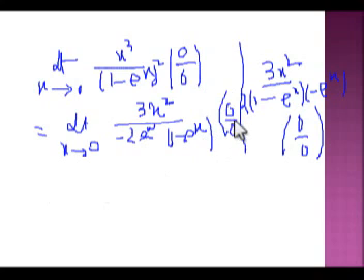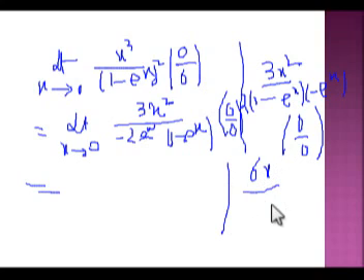If we continue this procedure, in the numerator we will get 6x, and in the denominator, if we multiply this, we will get minus 2 e to the power x, and then 2 e to the power 2x.